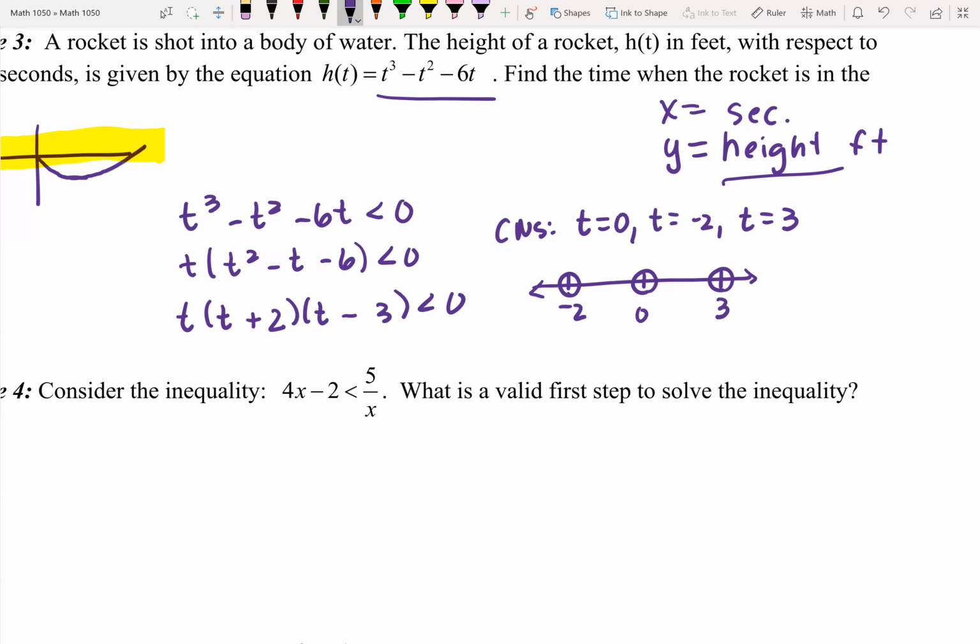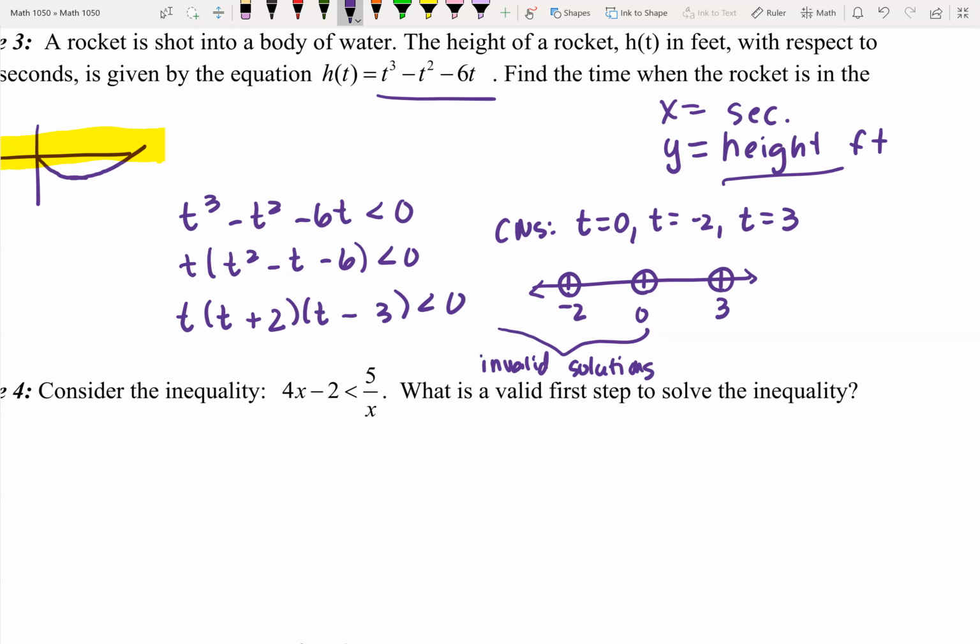Does anybody notice anything? So hopefully someone notices that all those things right here don't even make sense because we're talking about time, and negative time doesn't make sense. So right here I'm going to say invalid solutions.